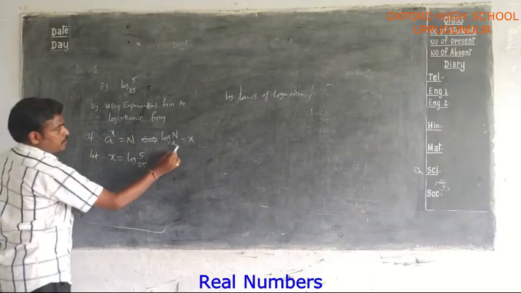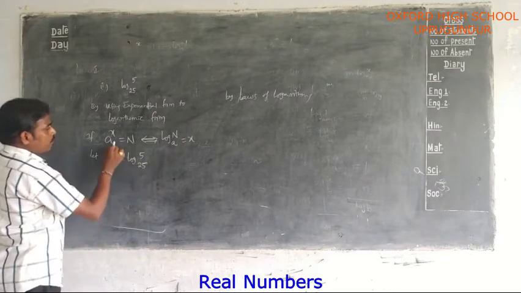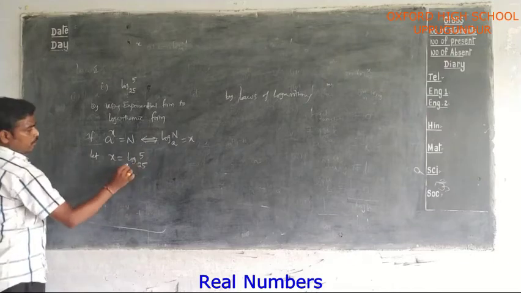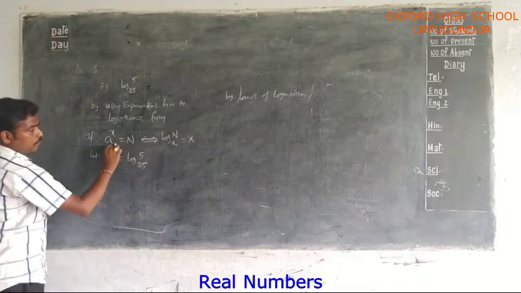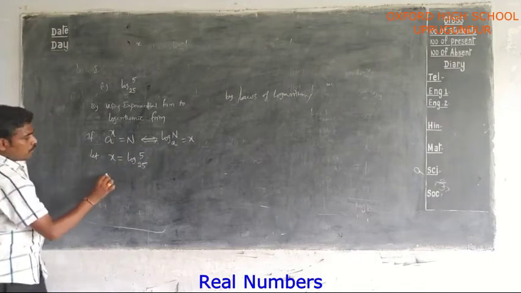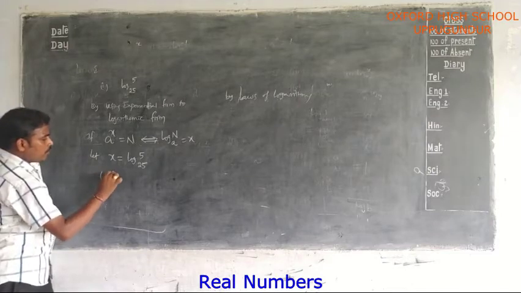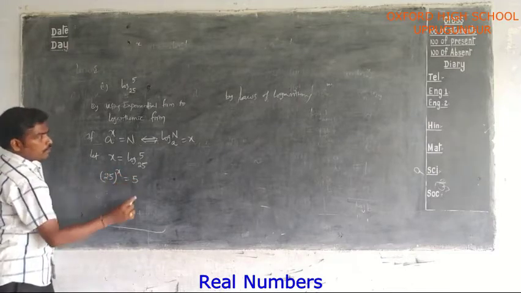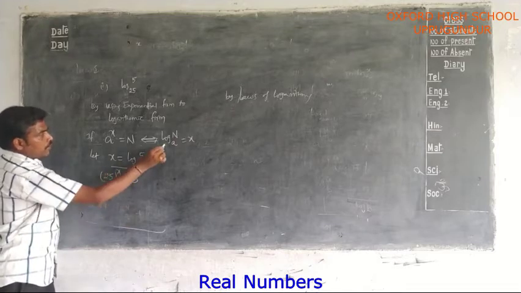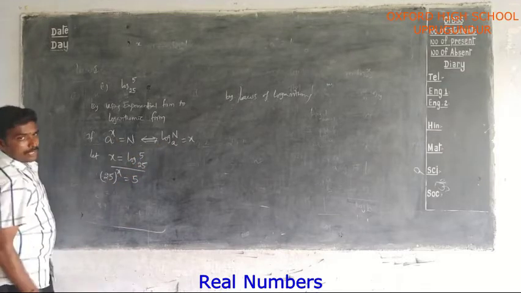For this logarithmic form, what is the exponential form? a power x equal to n. Now this becomes 25 power x equal to 5.